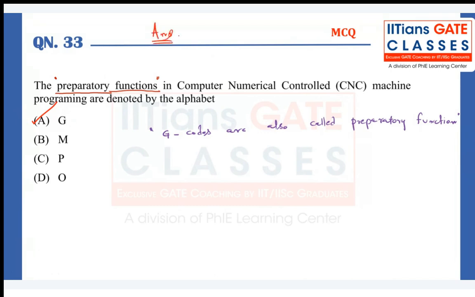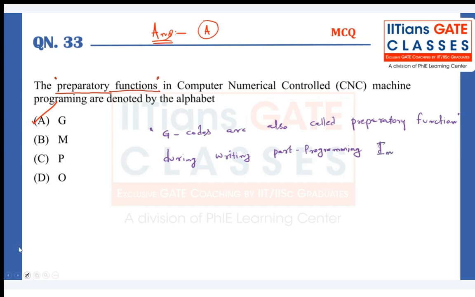Answer is A. Hope you understand, right? G codes are also called proprietary functions during writing part program in CNC.